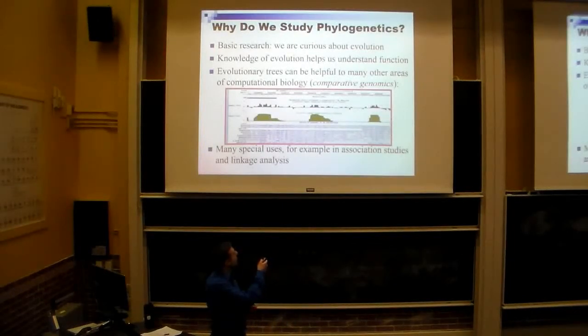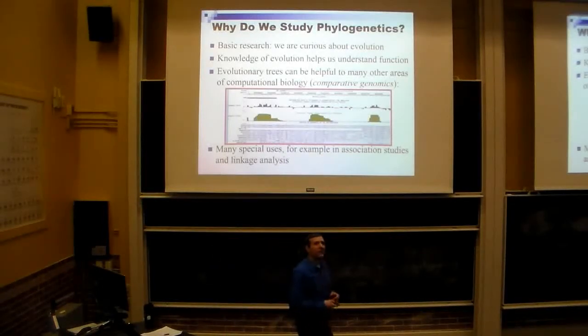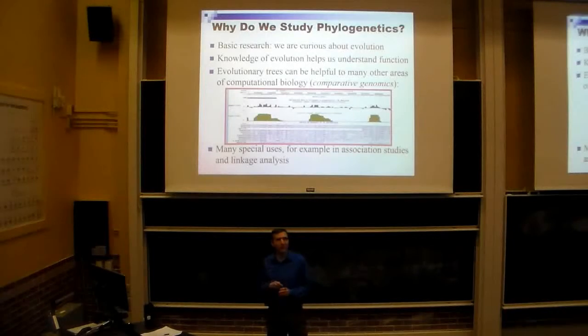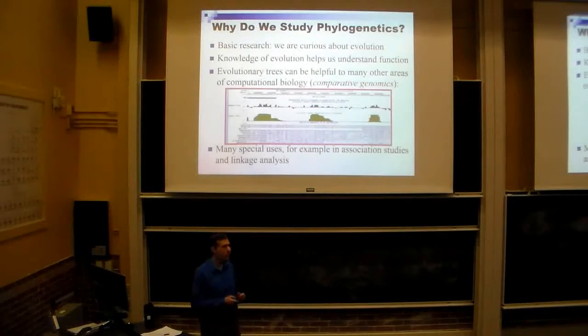A lot of current work in computational biology is doing more sophisticated versions of this. By using detailed evolutionary models of many organisms, we get stronger power to do all sorts of inferences about relationships between sequence, function, and so forth in individual organisms.